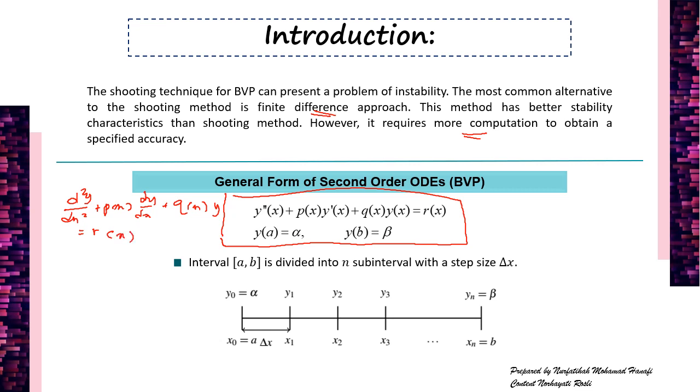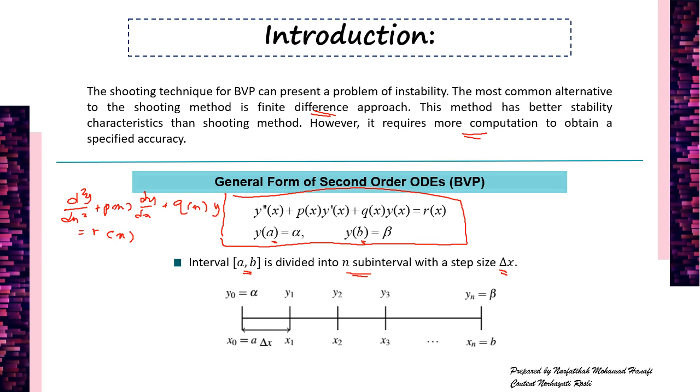And we have two conditions. The first one is y(a) equal to alpha, and the second one is y(b) equal to beta, where the interval AB is divided into n sub-intervals with a step size delta x.